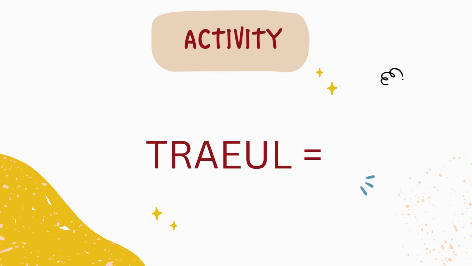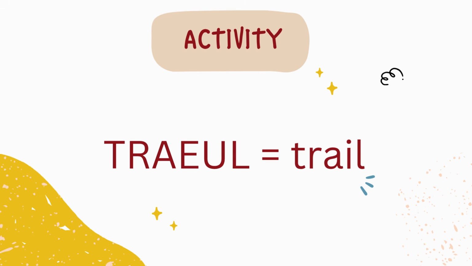What is the English word for this? Please comment again your answers in the comment section below. That's initial TR, long A, final L. In 3, 2, 1, let's reveal the answer. Okay, the answer is trail. I hope you got the correct answer.